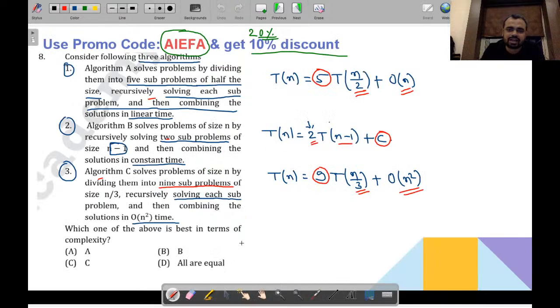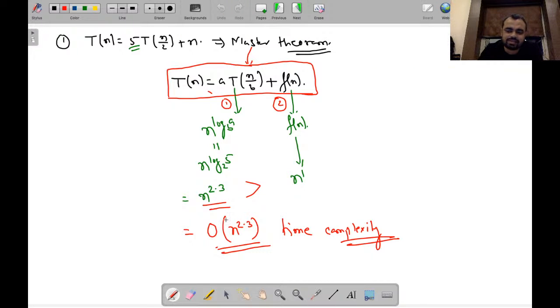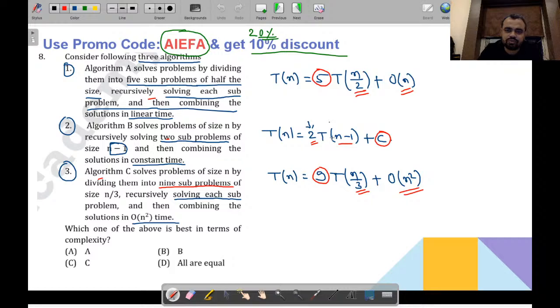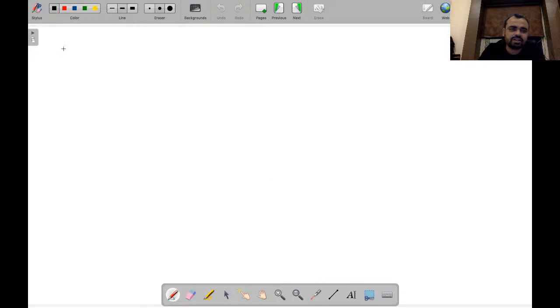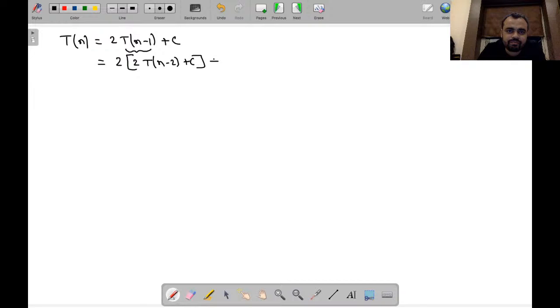Similarly, you have to compute the second value. The second one is given as T of n equals T of n minus 1 plus c. How can you substitute this value? It will again become T of n minus 2 plus c, and like this.